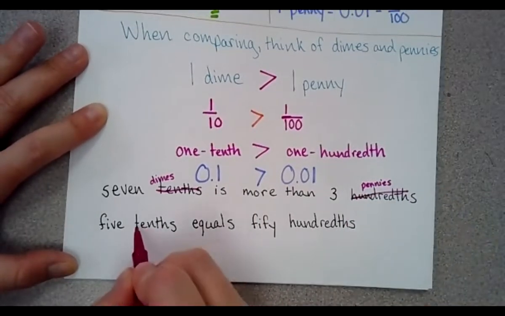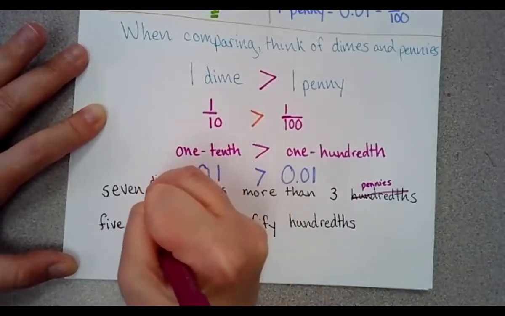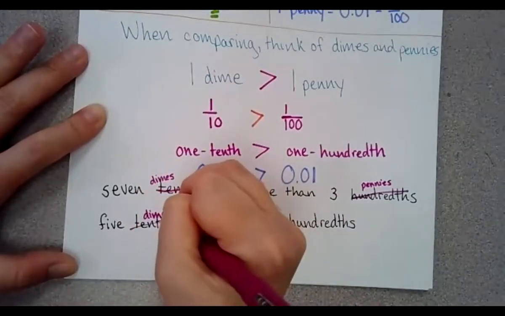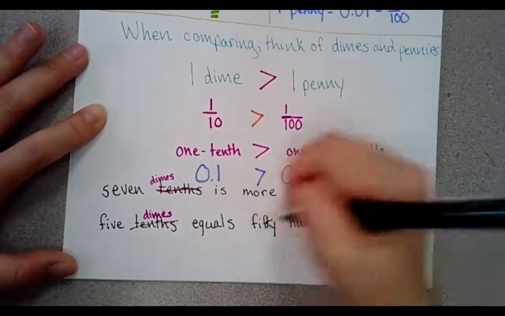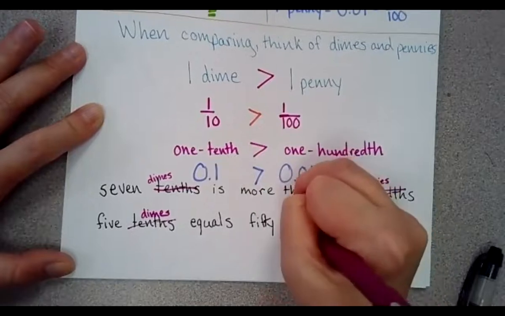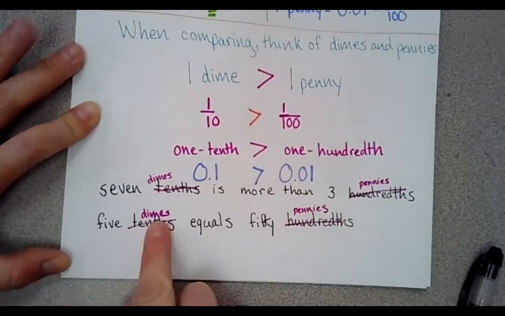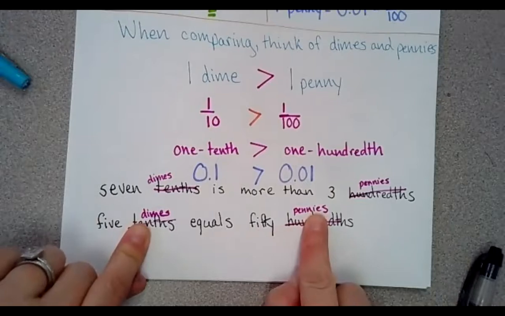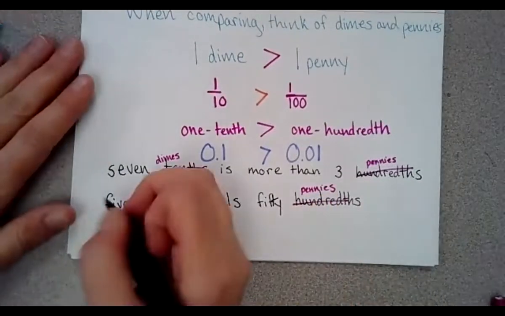So mark out tenths, and instead of tenths, think of dimes. 5 dimes is equal to how many hundredths? Mark out hundredths and turn it into pennies. So does that make sense? Does 5 dimes equal 50 pennies? It sure does.